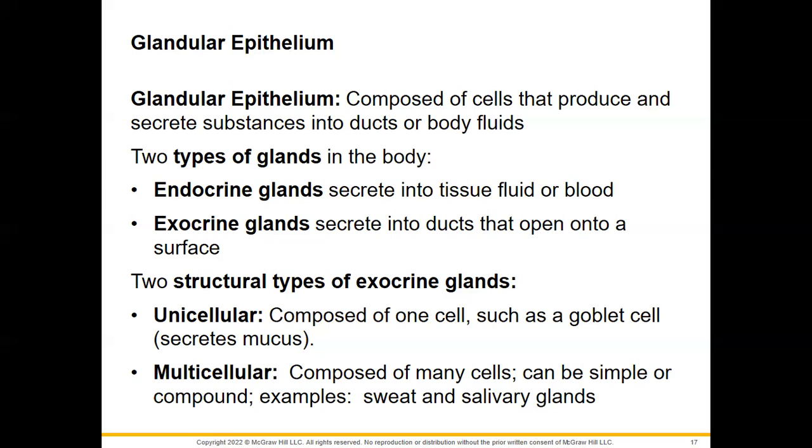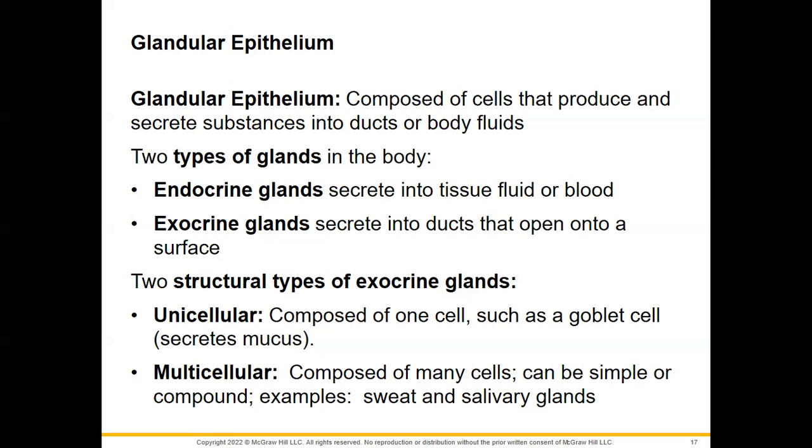Remember, goblet cells are going to be those cells associated with columnar epithelium that produce mucus and secrete it onto a surface, like the surface of your digestive system or the surface of your respiratory system. This mucus is going to line that lumen or that free surface and help to protect it from damage, help to protect it from invaders, etc. Keep it moist, keep the cells moist so that they don't dry out, etc.